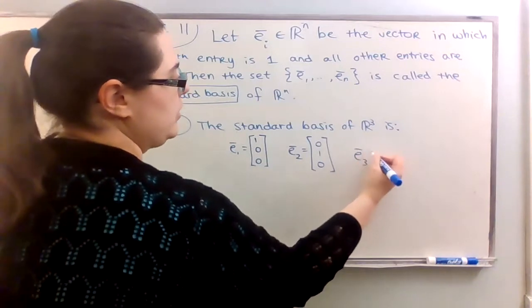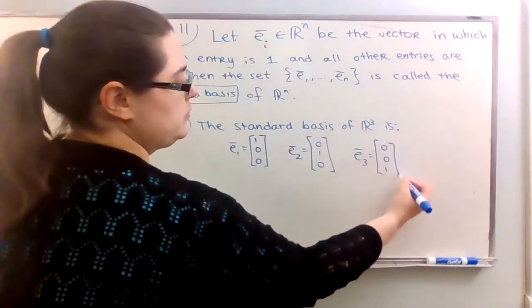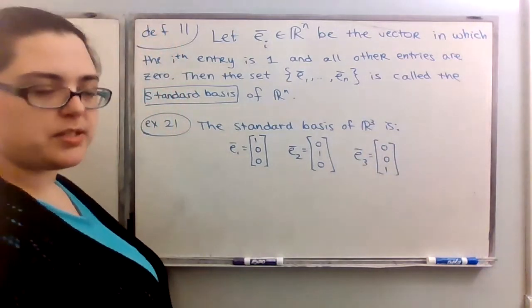And e_3 is going to have a 1 in the third spot and 0s elsewhere. So that's our standard basis for R^3.